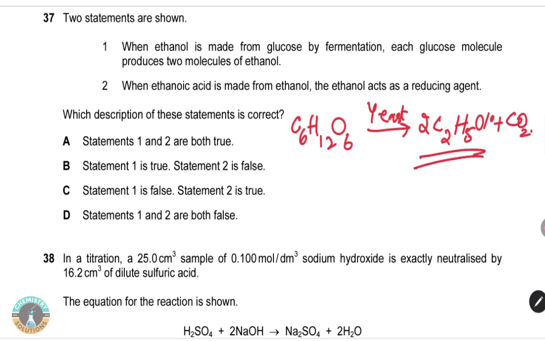When ethanoic acid is made from ethanol, the ethanol acts as a reducing agent. You must know that the oxidation of ethanol produces ethanoic acid, so this is correct. Statements 1 and 2 are both true.